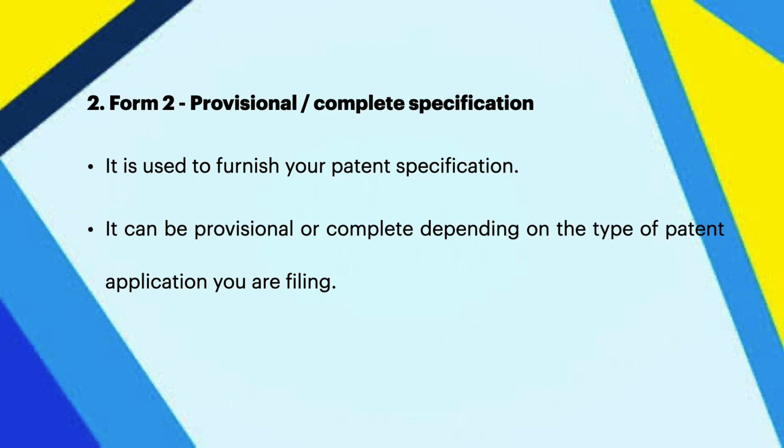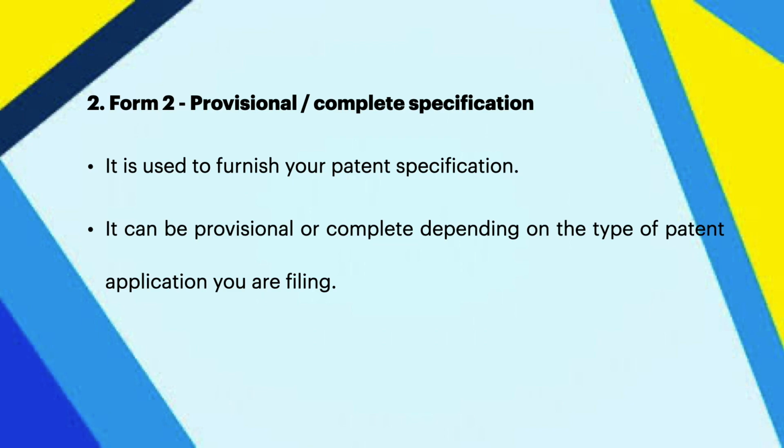That's when you put in that provisional application. Or when you've completed your invention and there's nothing else to do about it, it's called a complete patent. Understand? That's why there are two options: provisional, complete, specification.